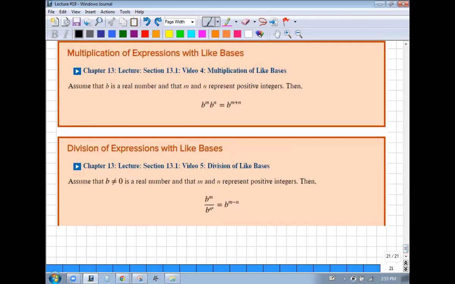If you're dividing, here's one way to write this: b to the m over b to the n. I told you that dividing is the same thing as having a negative exponent. Well, by this rule right here, if you have a like base, you just add the exponents. So that's what they're saying right there.